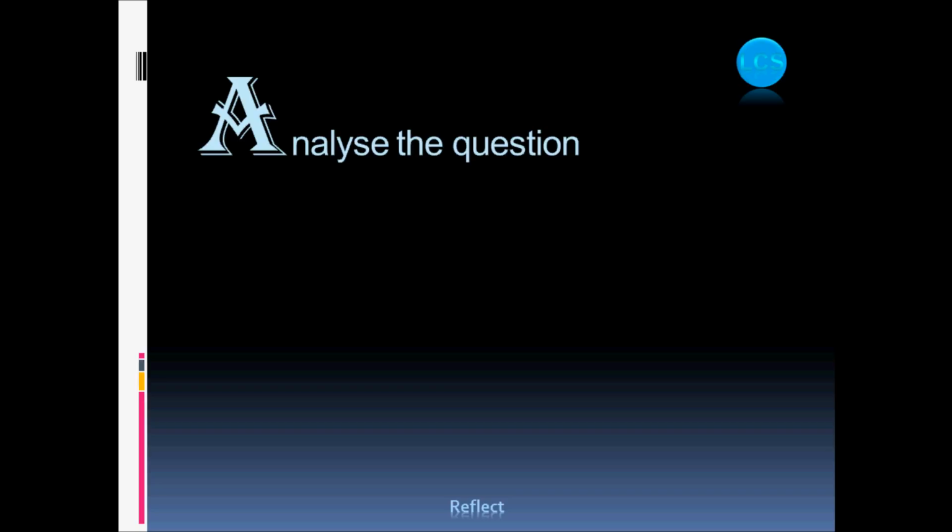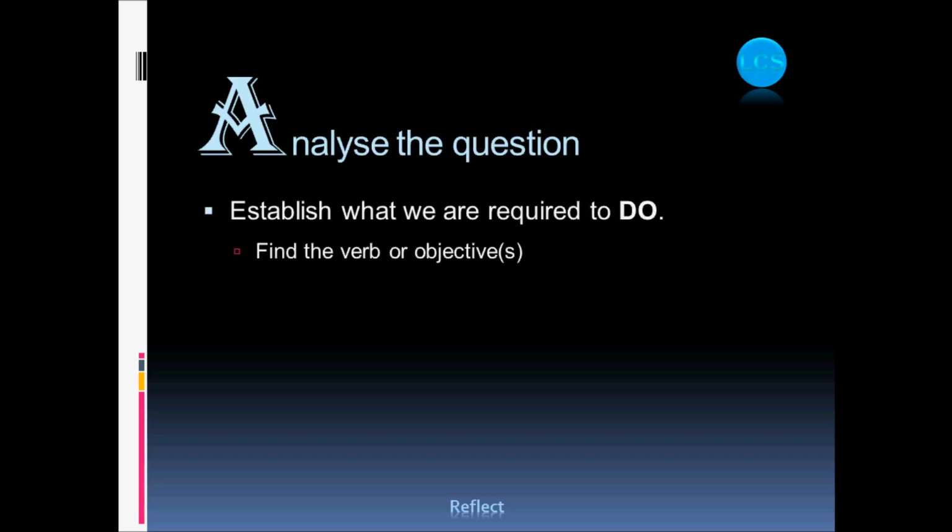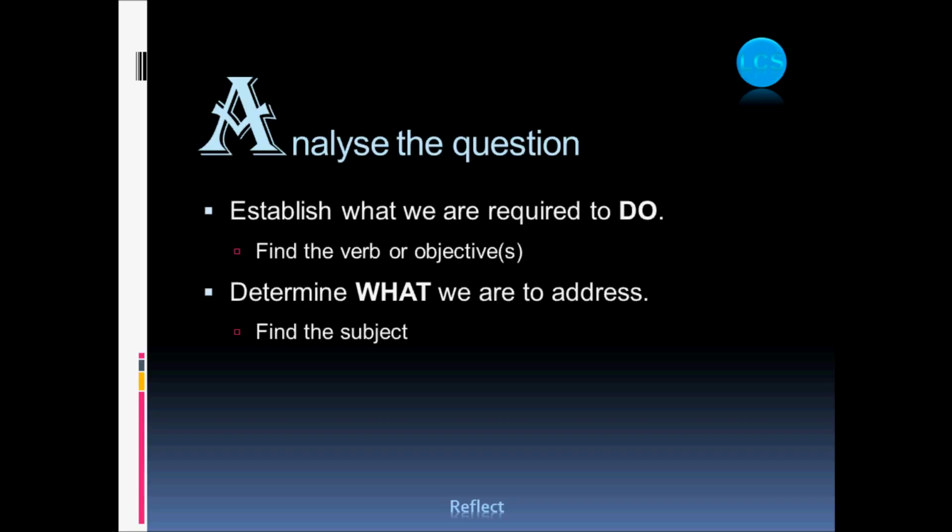The next step is to analyze the question. Firstly, we need to establish what we are required to do. We look for the verb or objectives of the question. Next, we need to determine what we need to address, or, stated otherwise, we need to find the subject of the question.